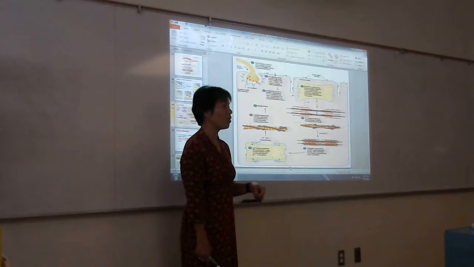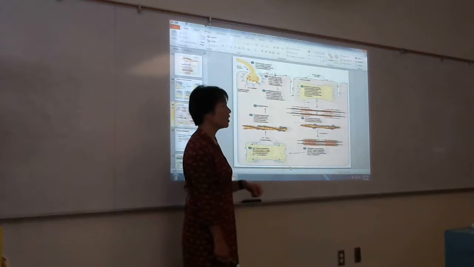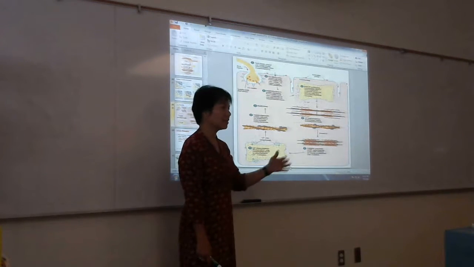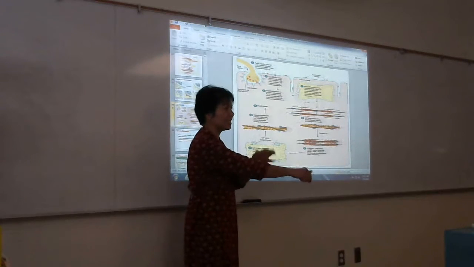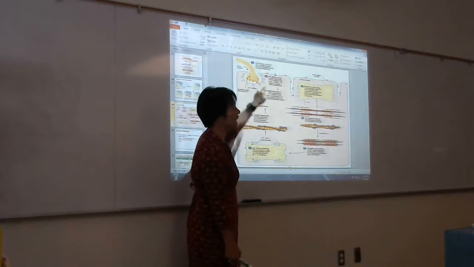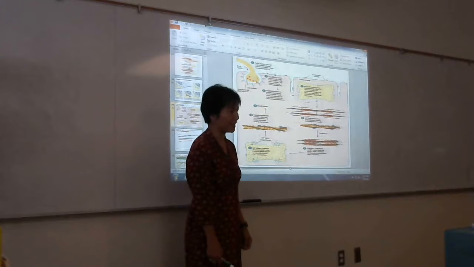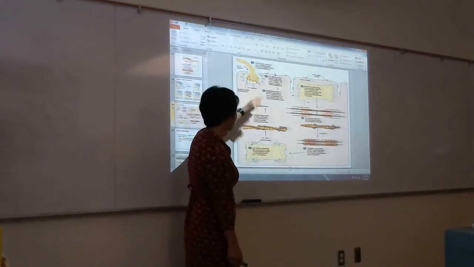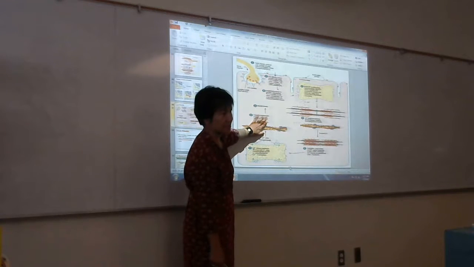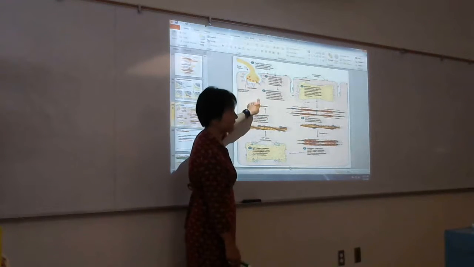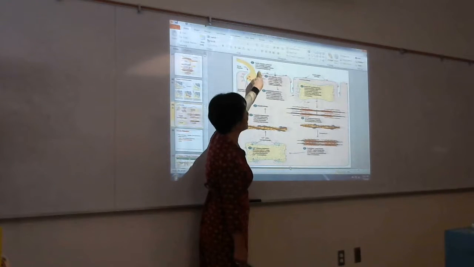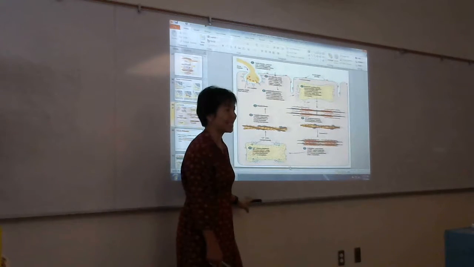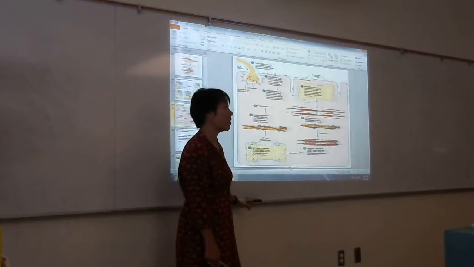So you should know now that nerves stimulate other cells not by touching, but by releasing what you call neurotransmitters, like a transmitter radio. That's how they stimulate. So the nerve stimulates this muscle by releasing what you call acetylcholine. You need to remember that acetylcholine. That is the only neurotransmitter for muscles.